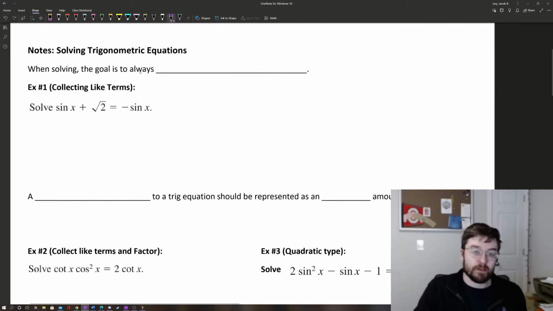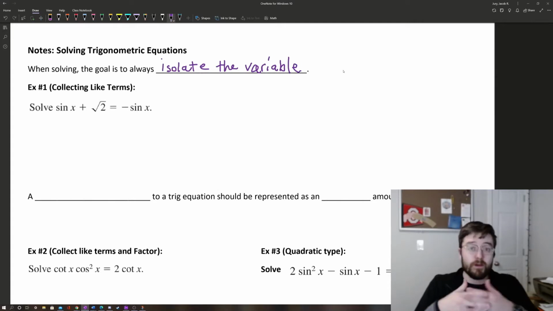When we are solving anything, the goal is always to isolate the variable. So we can always have that in the back of our heads if we are ever stuck on anything with these trig equations, because what we'll find out is the difficult part is going to be the algebra behind this.